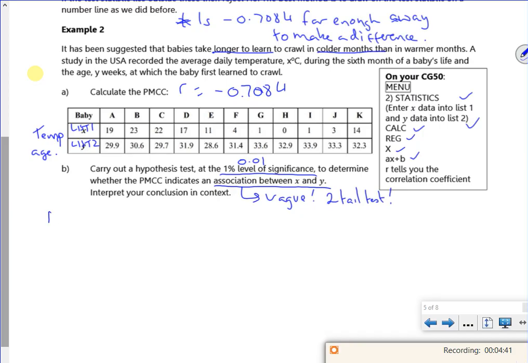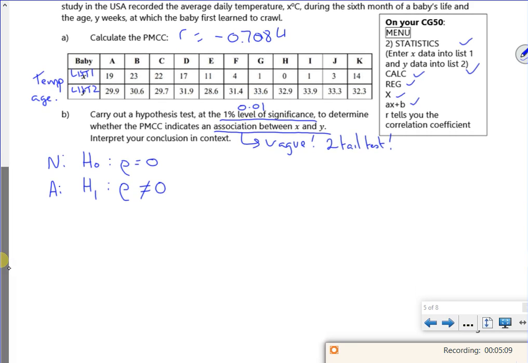Right, so let's set it up then. My null hypothesis. So remember, NASTTC. Not all stats teachers call it that. So H0 is that rho is equal to 0, that there's no correlation. My alternative, H1, is that rho is not equal to 0, that there is an association between them.